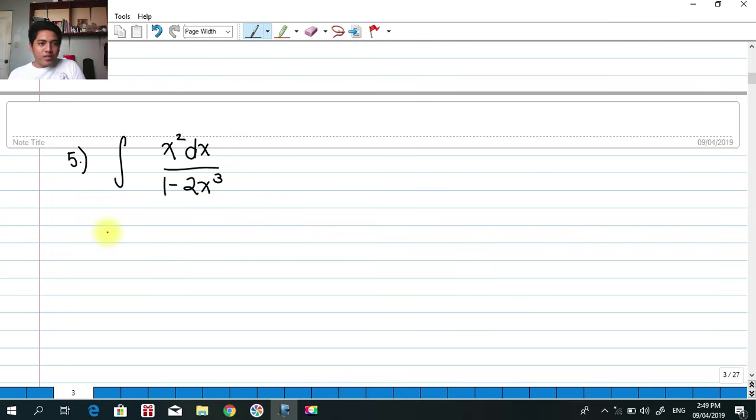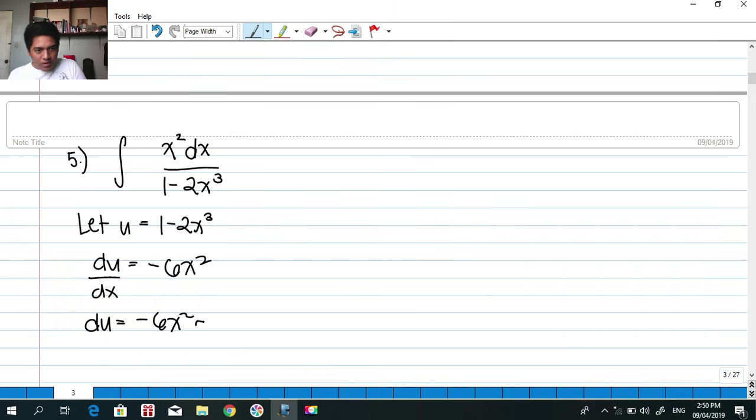The same process: we have to let u equal 1 minus 2x cubed. du over dx is simply the derivative of this. By the power formula, we have negative 6x squared. So du, cross multiplying, is equal to negative 6x squared dx.